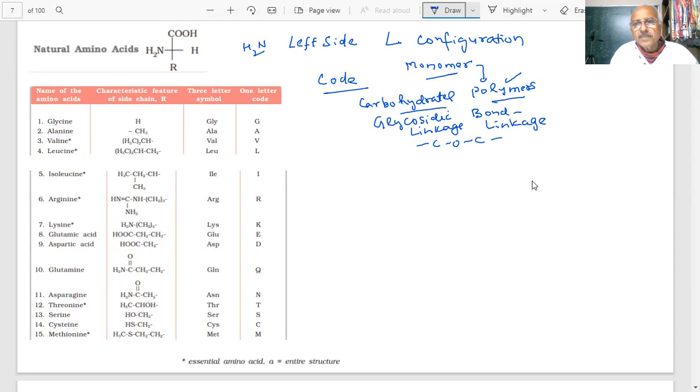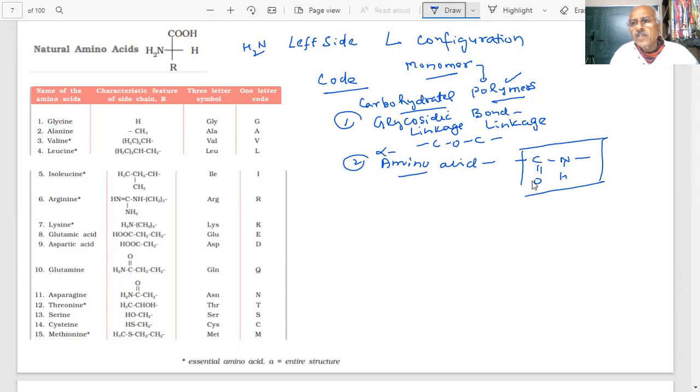And here, students, in this case, the amino acids, these are alpha amino acids, natural. They will also form polymers, and they will form a bond. This is a linkage.